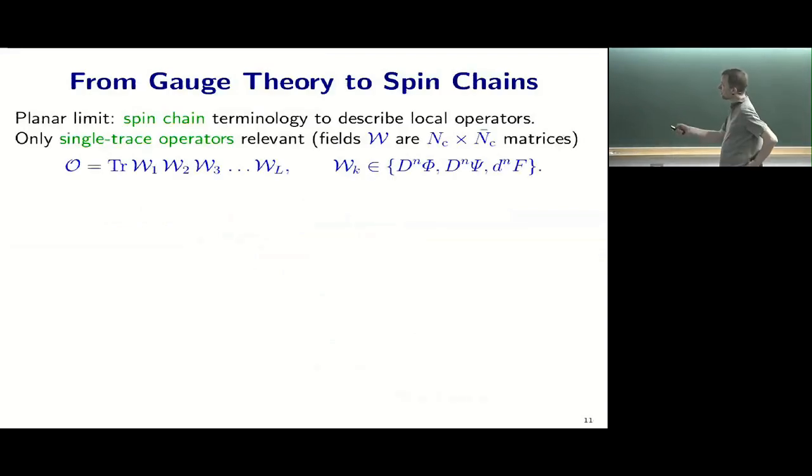Instead of talking about such local operators, it's very useful in the gauge theory setup to talk about spin chains. In fact, only single trace operators will be relevant. A single trace operator is something where you have a trace of a product of fields, and each of these fields can be any combination of the various fields, fermions, scalars, or field strength, with some derivatives acting on it.